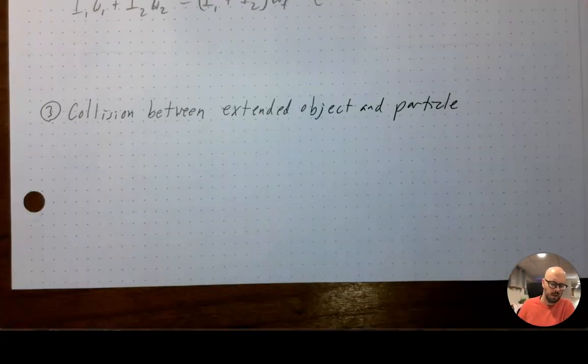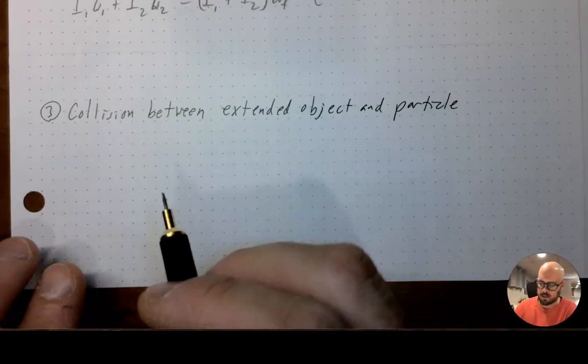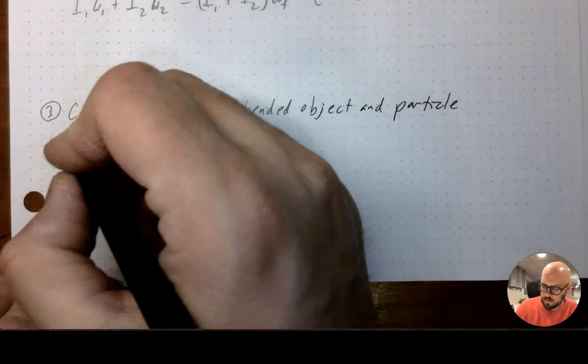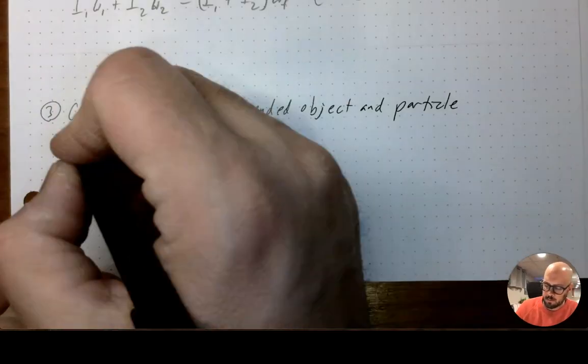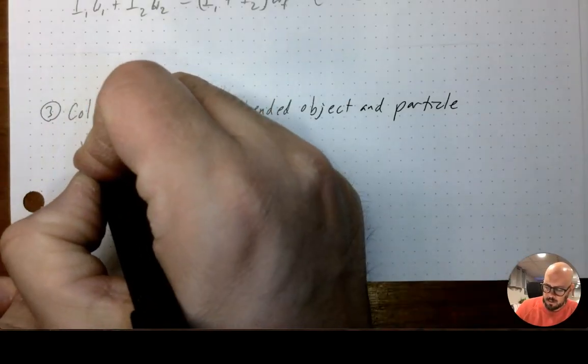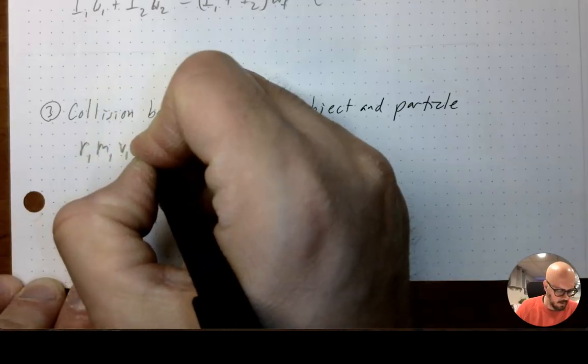Collisions between an extended object and a particle. If you go back to the last video, I showed that at the very end, a ball hitting a beam or something, where they both had angular momentum. So we could write, for example, an equation like this.